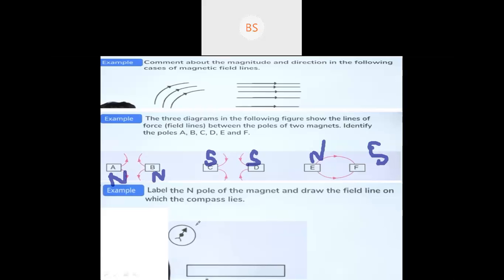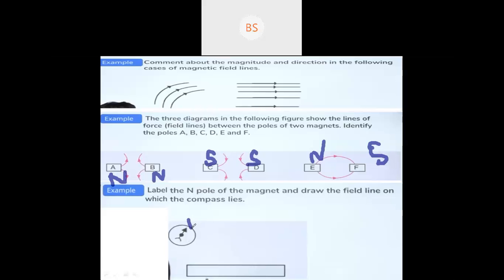So here you can see the magnetic compass. When you take a magnetic compass and keep it at any place, it always comes to rest along north and south. I have already told you that the arrow mark shows the north pole.